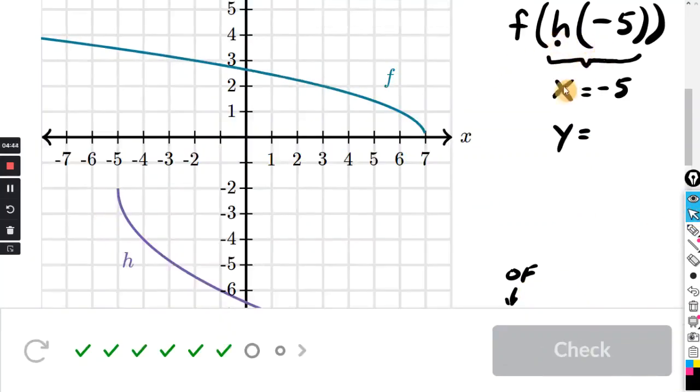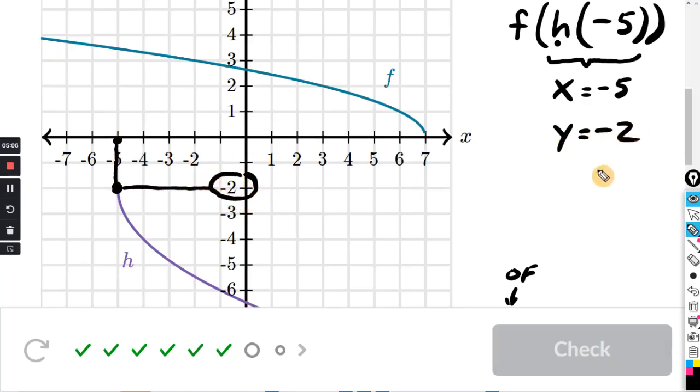So we go to x equals negative 5 and trace it to the h function, and it meets it right there. We want to know the y value, and that's going to be negative 2. So h of negative 5 is negative 2.